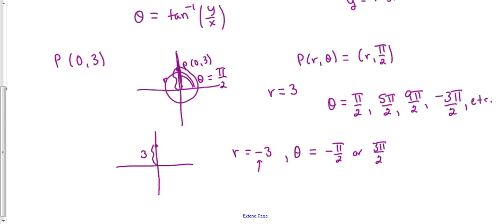And what this negative sign tells me is that I go to the angle, which would bring me either over here using negative pi over 2 or this way using 3 pi over 2. But because I have this negative sign in front of the r, instead of drawing my ray down here, I'm going to draw it in the opposite direction. So that's an important additional thing to see that we'll learn about in exercises 1 and 3.